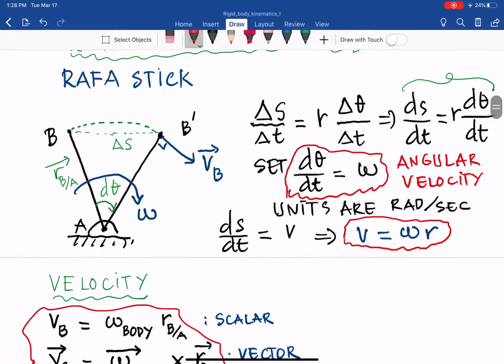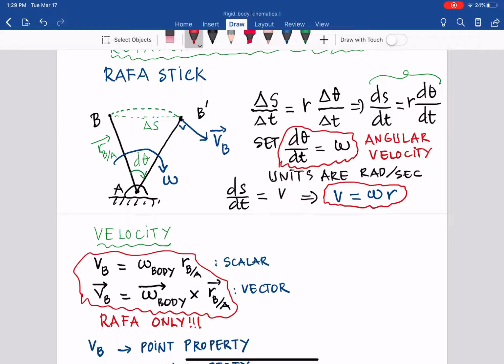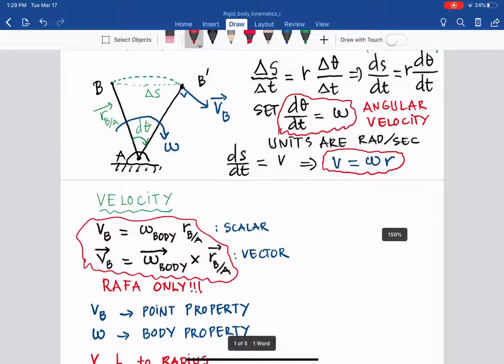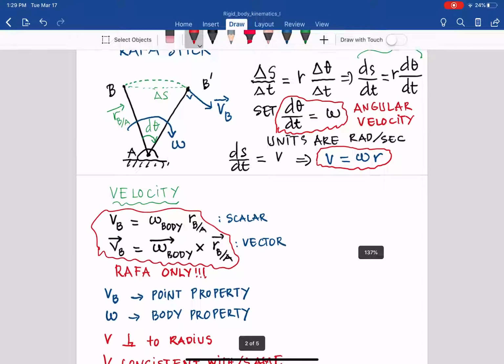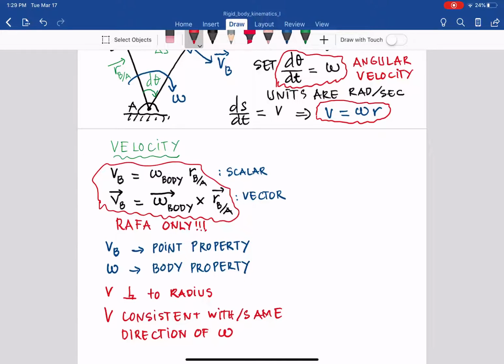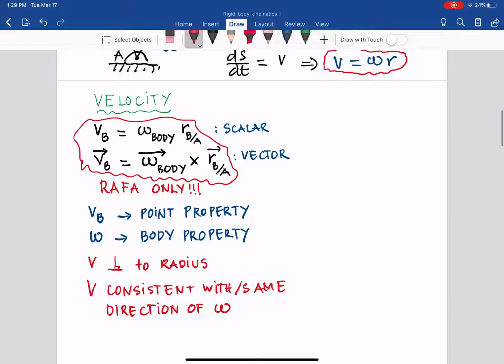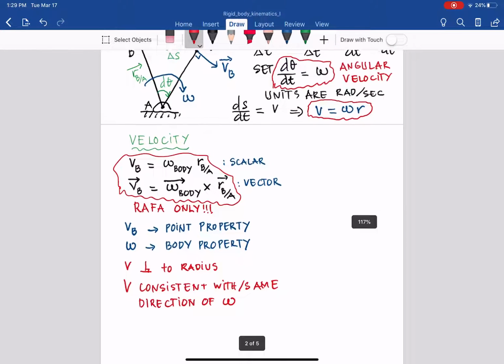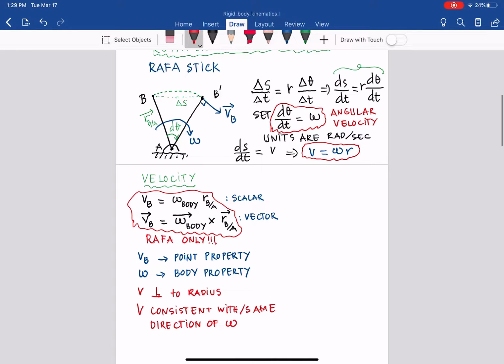Bottom line, if we know the direction of the velocity of one point on the rafa body, we can know the direction of the angular velocity, and vice versa. If we know the angular velocity is clockwise or counterclockwise, we can know the direction of the velocity of any point on that body. With that, we stop here for the velocity of rafa, and in the next video we will move on to finish the rafa stick with the acceleration part.